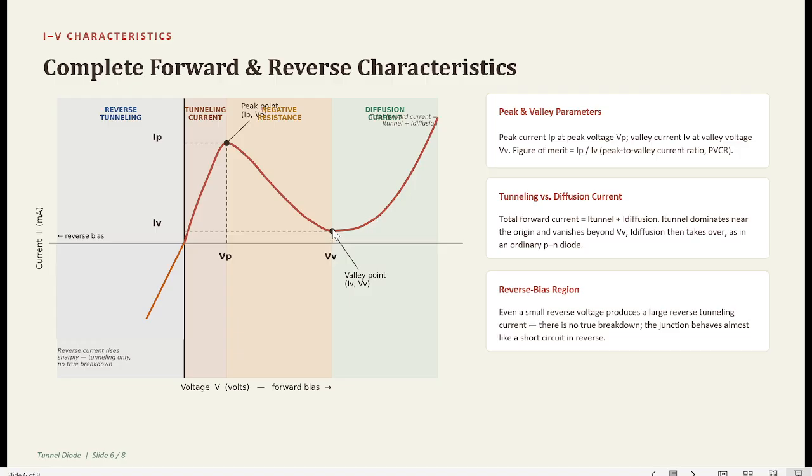So after this value, the diffusion current takes over the tunneling current, and the tunnel diode operation is just like an ordinary PN junction diode operation in this region. So this graph shows the whole characteristic of the tunnel diode.